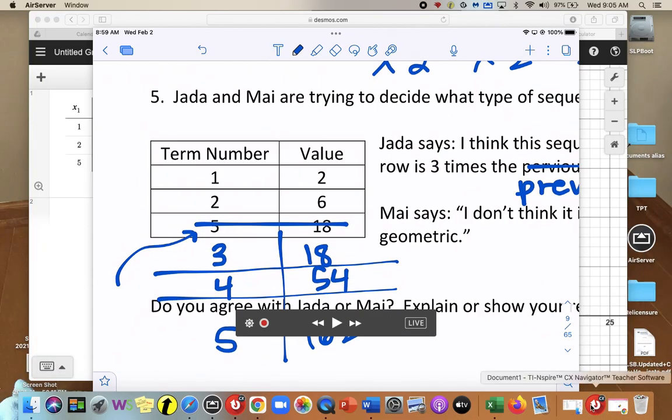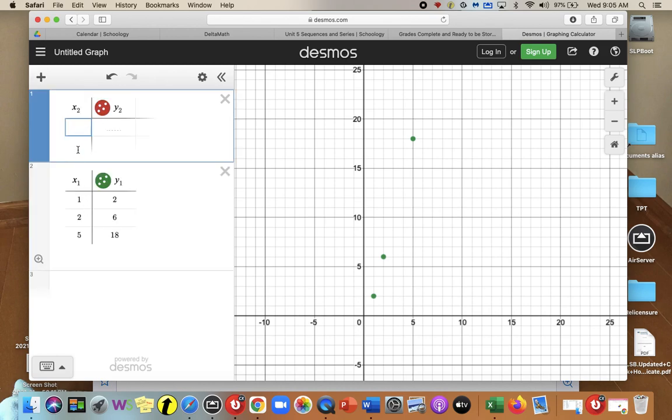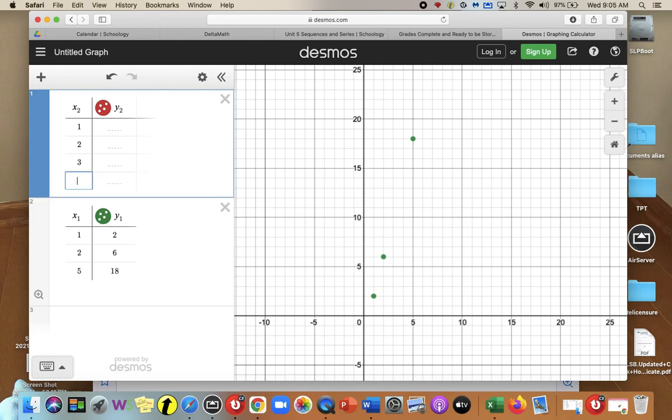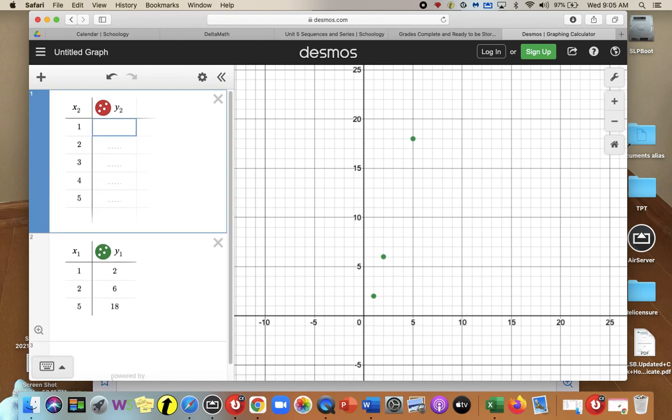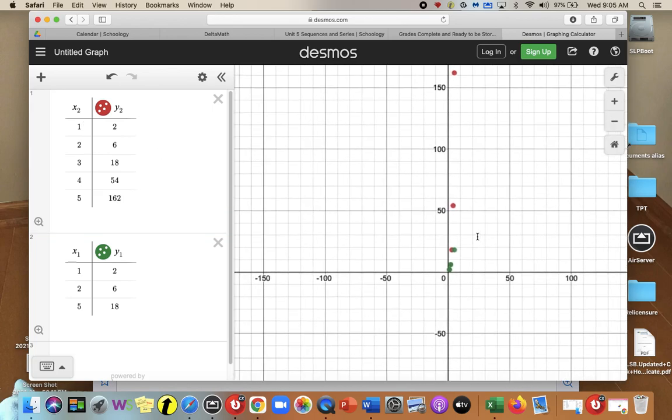We'll insert another table, and this one will be red. So 1, 2, 3, 4, 5, and multiply by 3 every time: 2, 6, 18, 54, 162. So here, if we zoom out, you can't really see it very well.